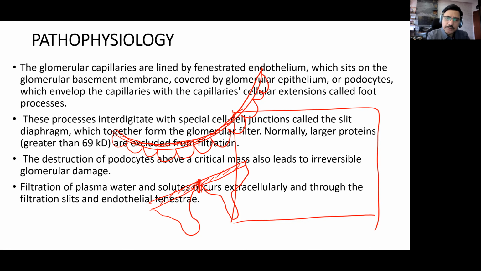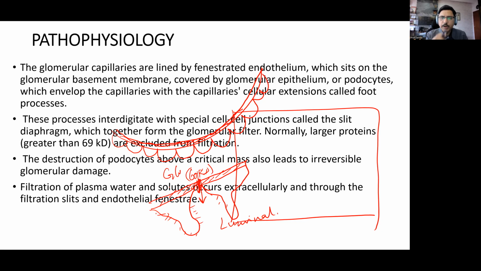And there are openings here for water to filter, sodium to get filtered, and all the electrolytes. But any protein larger than 69 kilodaltons is withheld. It is not allowed to pass through. And these are lined by the capillaries and podocytes. This is the luminal side of the tubular side. This is the glomerular side.